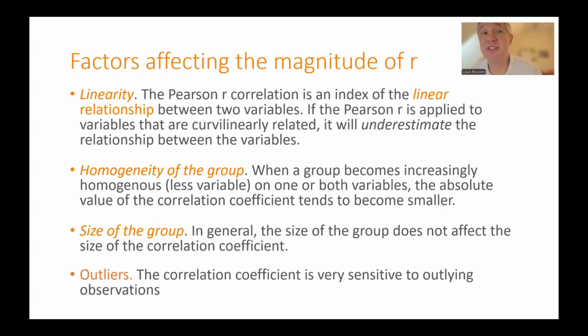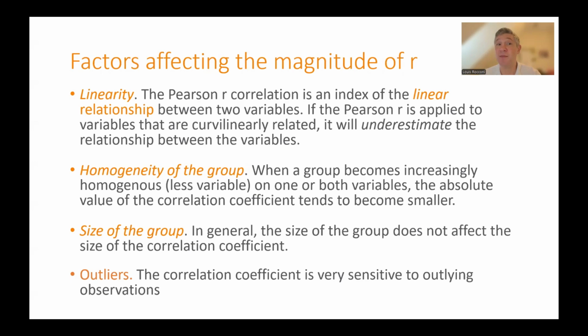Here are some factors that affect the magnitude, the size of that number, of the correlation coefficient. Remember that Pearson's r is an index of the linear association between two variables. So if Pearson's r is applied to variables that are not linearly related, it will tend to underestimate the relationship between the two variables.